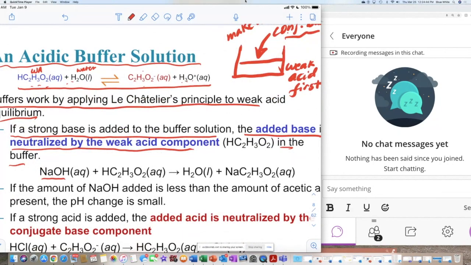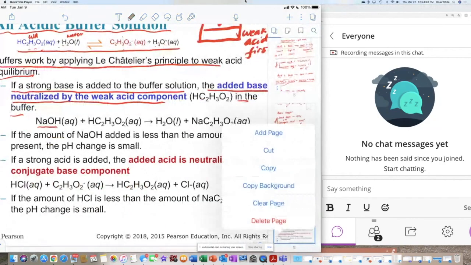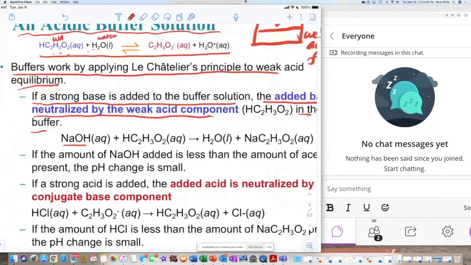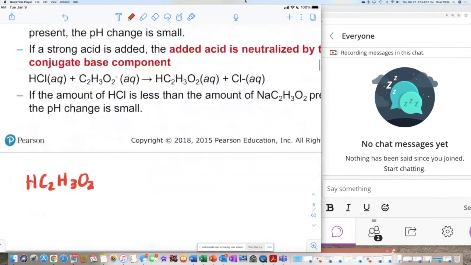Okay, so let me go ahead and write this on another page as I illustrate this a little better. I think it's better when I rewrite it from scratch. So I'll start with this equilibrium here. I have my weak acid, obviously, and then I have my water for my weak acid equilibrium.